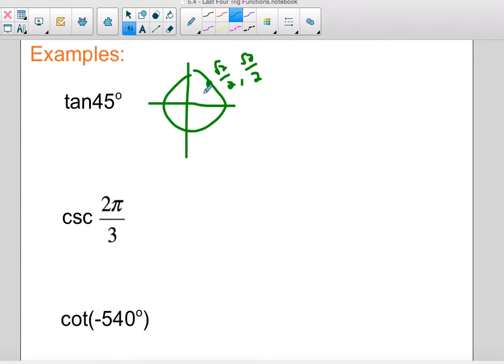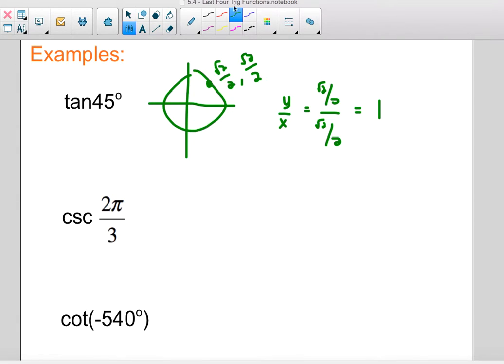So tangent of 45 is going to be y over x, which in this case is root 2 over 2 divided by root 2 over 2. So tangent of 45 degrees is going to be equal to 1, right? And that's another type of answer you can get that doesn't involve sine and cosine.